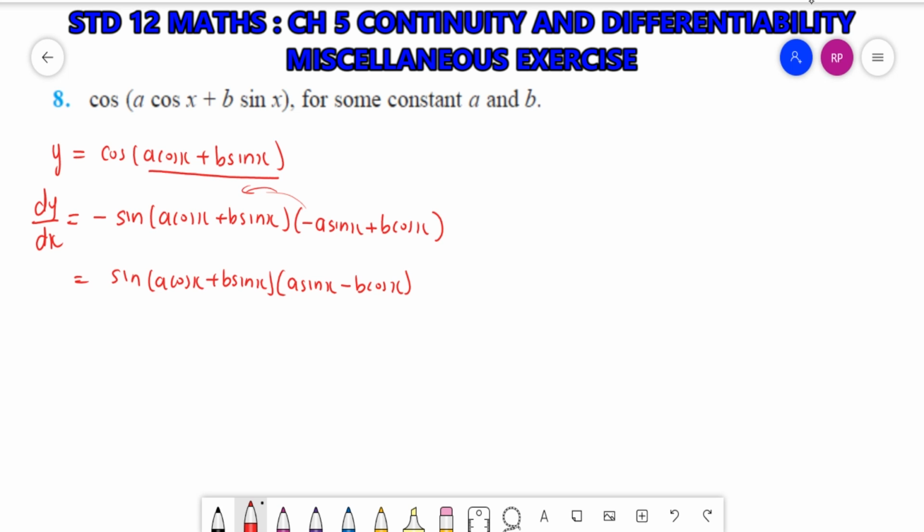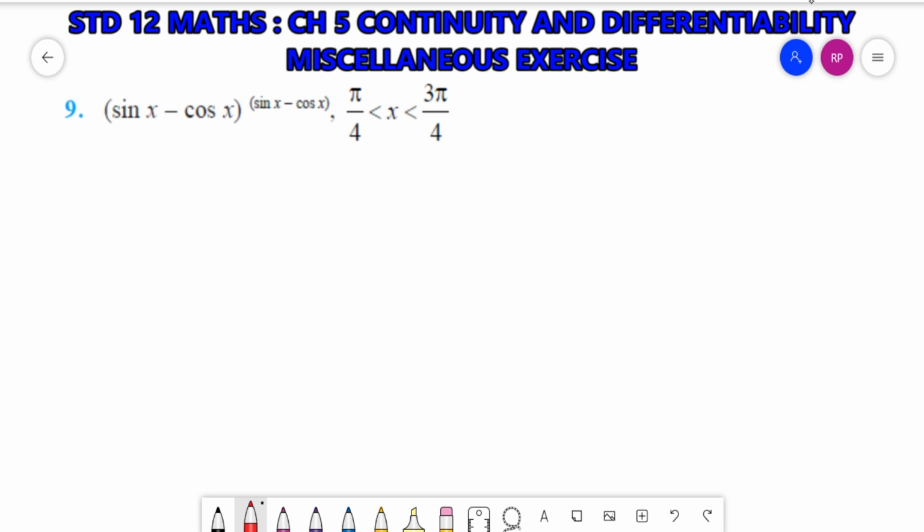Now let's move to the next, that is question number 9. Question number 9: y equal to (sin x minus cos x) whole raised to (sin x minus cos x).